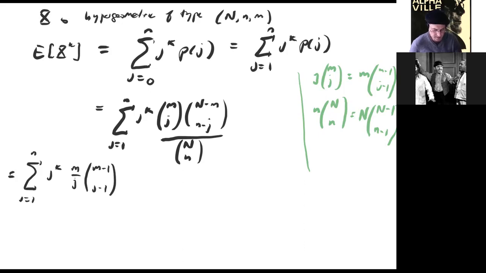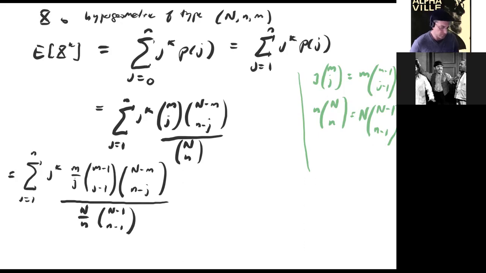And then I repeat the binomial coefficient which comes after. And then the bottom is N choose n, but N choose n is, by the second identity, N over n times N minus 1 choose lowercase n minus 1.